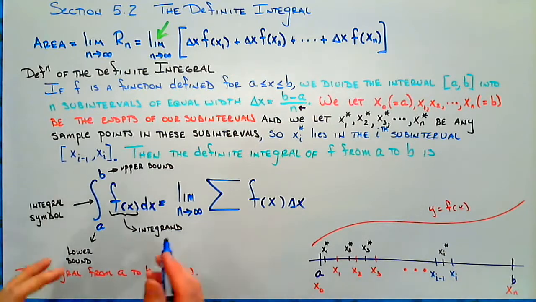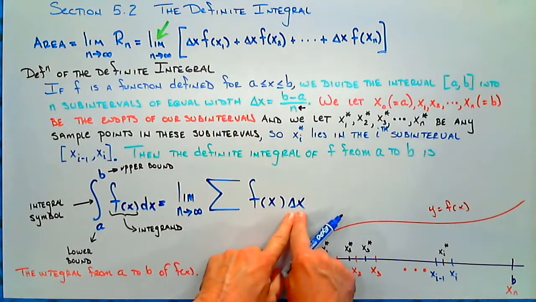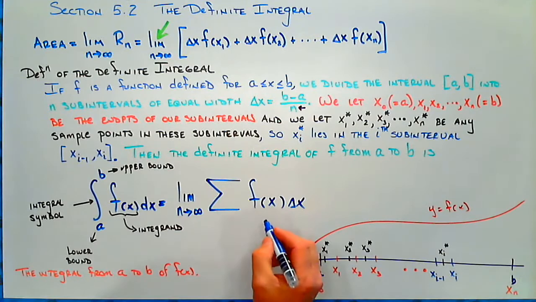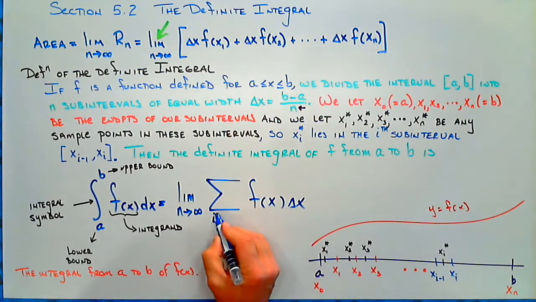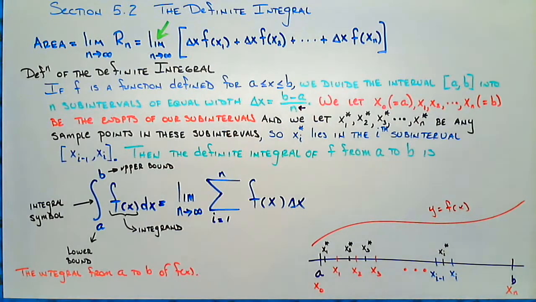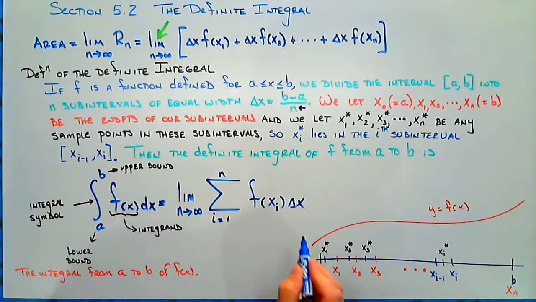So now we need to make sure we specify to the person reading this how we're determining the height and how we're determining the width. Well, we've already told them that we're going from i equals 1 to n. We're going to have n of these rectangles. So this is going to be x sub i.